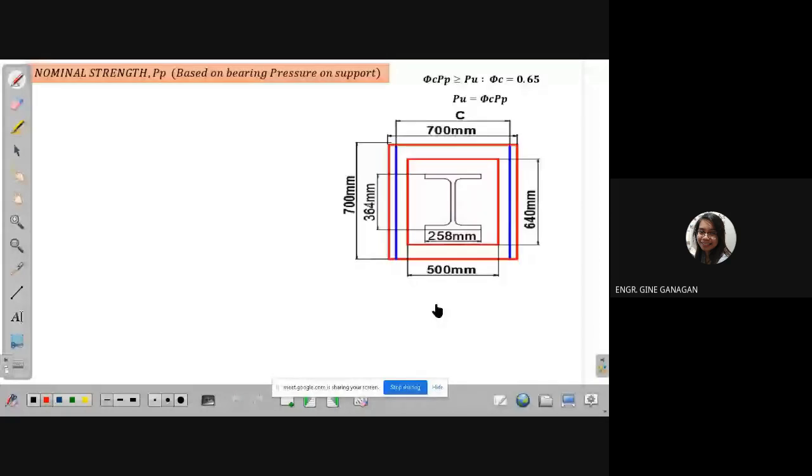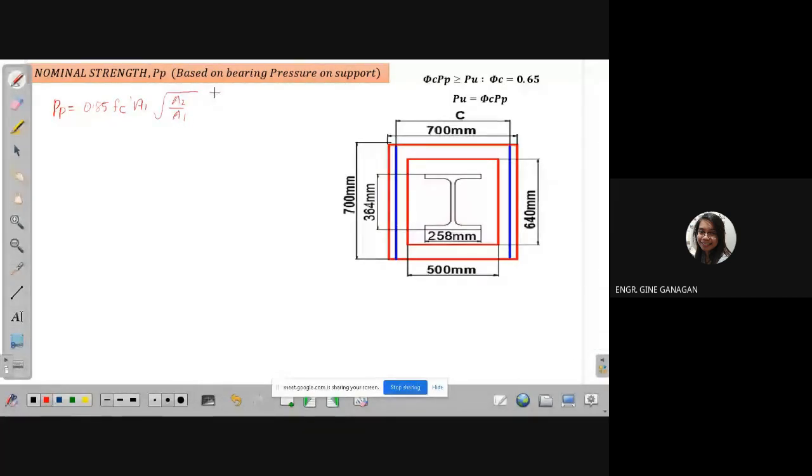So for our solution, based on the bearing pressure on our support, sabi natin, yung ating plate does not cover yung full area. So yung equation natin for PP is equal to 0.85 FC prime area 1 times square root of A2 over A1.